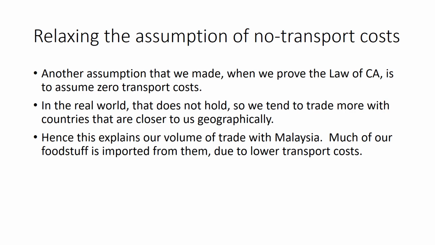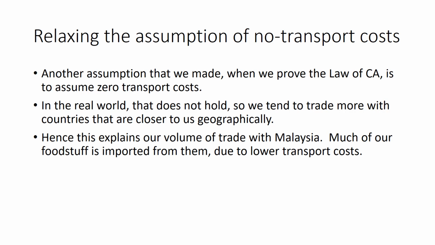Another example I like to use is about crude oil. Are you aware that Singapore tends to get most of our crude oil from Brunei? Now you can imagine there'll be some country in the Middle East, Iran, Iraq, that probably has a much lower opportunity cost in producing crude oil than Brunei, because rich oil fields are situated in the Middle East.